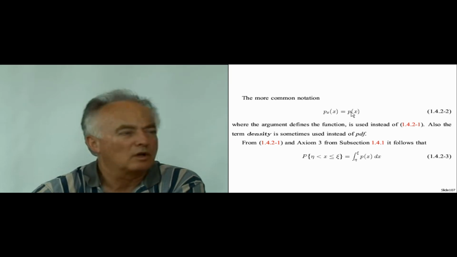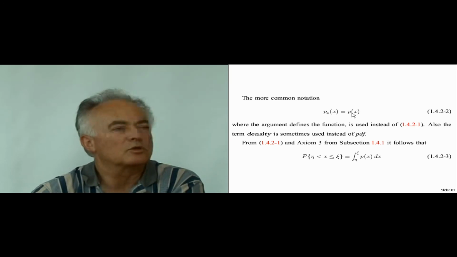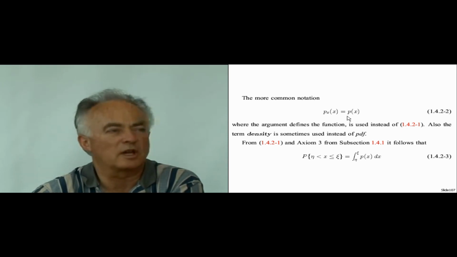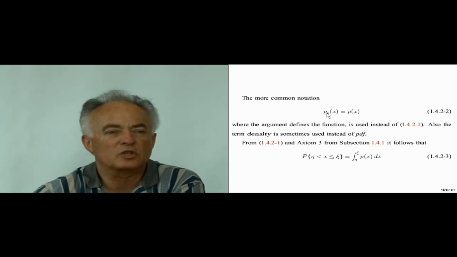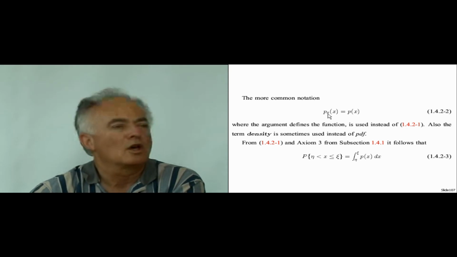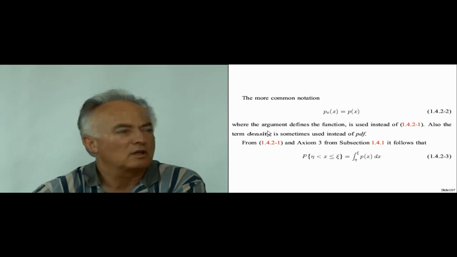So we use this simplified notation unless we have to indicate to whom the PDF belongs if the argument happens to have a different symbol. The term density is sometimes used instead of PDF.